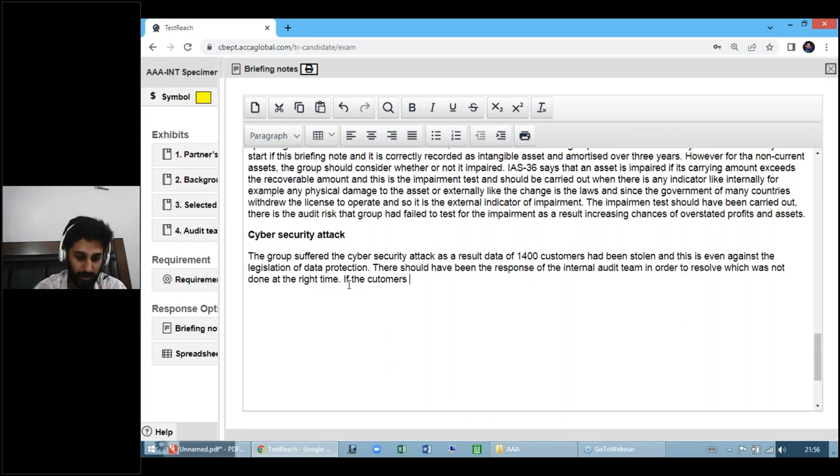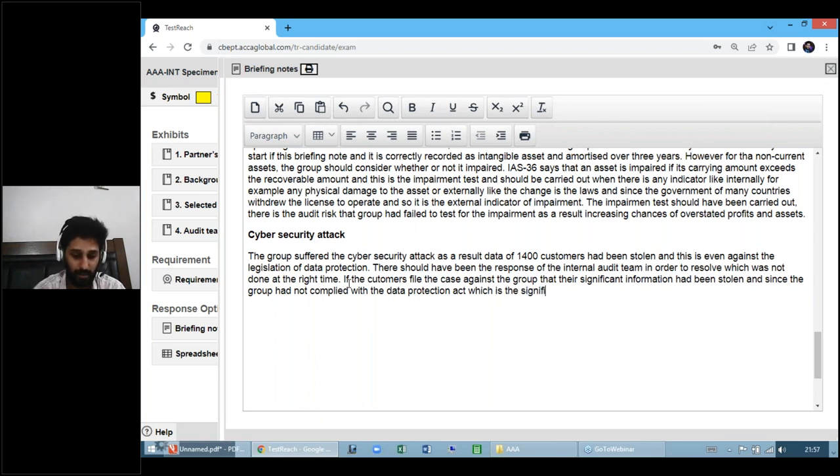If the customers file a case against the company, against the group, that their significant information had been stolen, and since the group had not complied with the Data Protection Act, which is a significant matter, it may result in suspension of the activities.